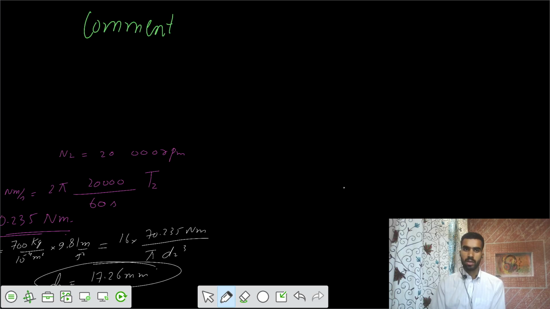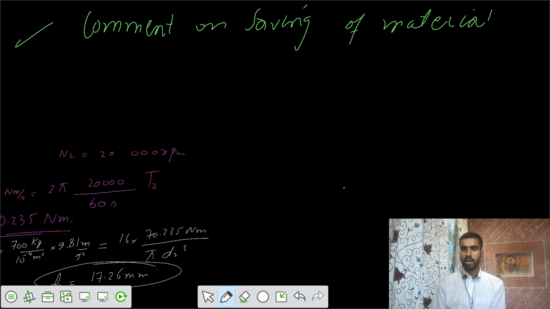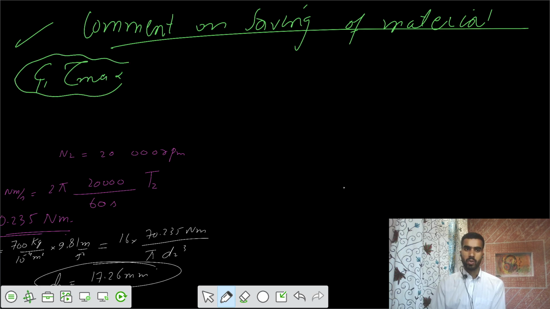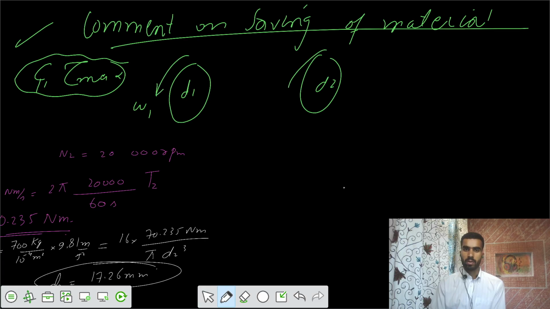So now you have to comment on the savings of the materials. Comment on the material savings. For the same material, your G was same, your tau max was same, but you use one with diameter D1 and the next one with diameter D2, and there was some omega 1 and some omega 2. The power you have to transmit is the same amount of power, there's no other option.